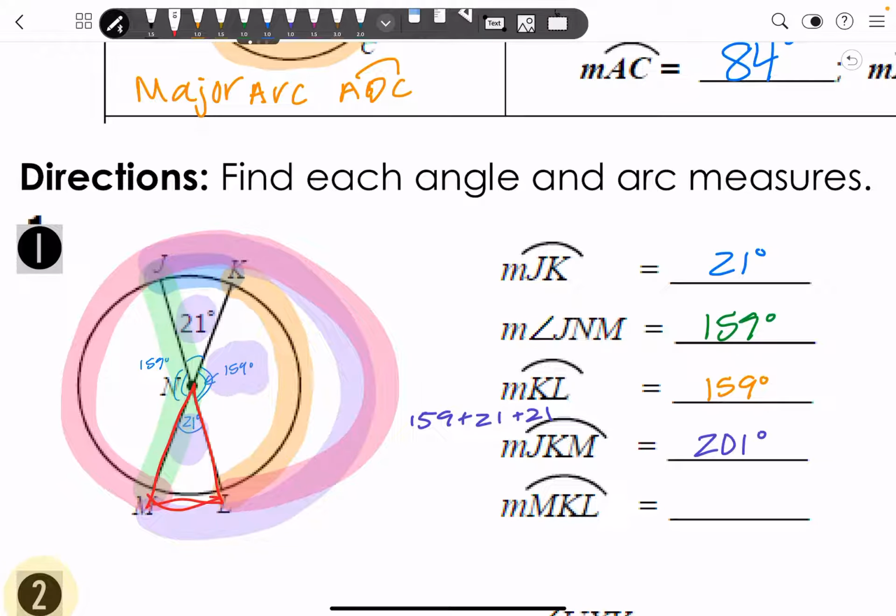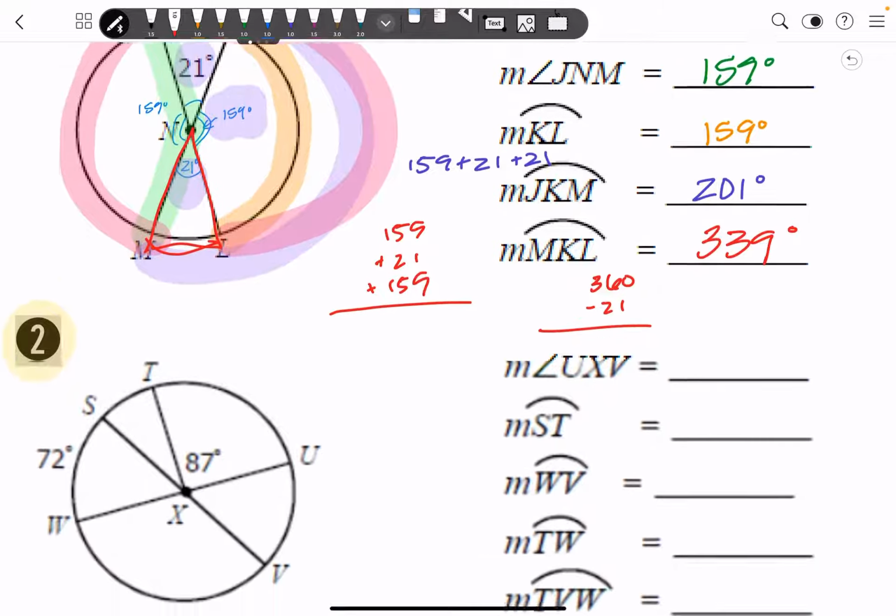So instead of doing 159 plus 21 plus 159 and finding that total, why not just subtract 21 from 360? It'll end up giving you the same answer no matter what, which will be 339 degrees.